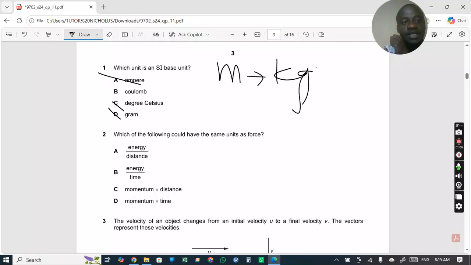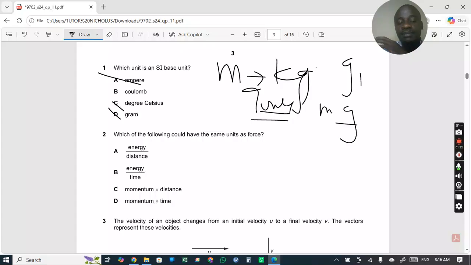But other units of mass are grams. We also have milligrams. We also have tons. So when we talk about tons, we talk about huge objects like vehicles, huge machineries. When we talk about kilogram, we talk about moderate quantities like humans.